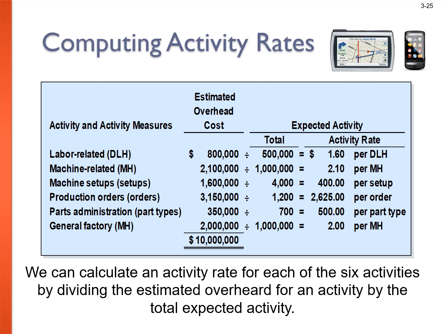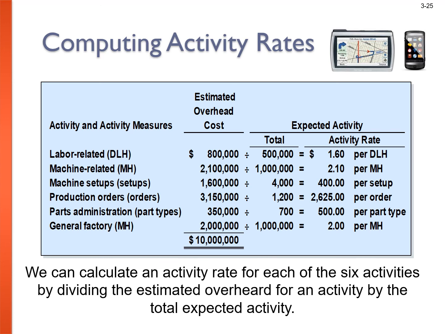Parts administration, that costs about $350,000. There's 700 different parts. Part types, I mean. So each part type, $500. And then finally, our general factory overhead will be allocated based on machine hours at $2 per hour. So now we have an overhead rate per the type of activity. So that's our second step.